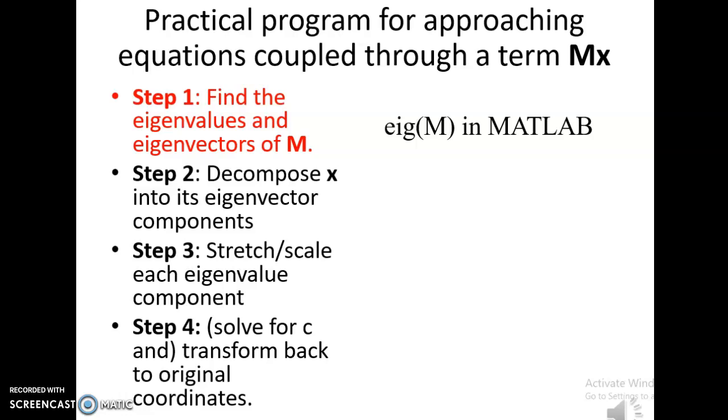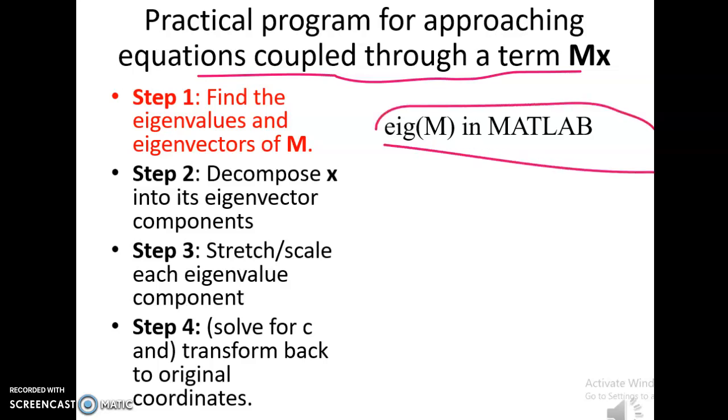Practical program for approaching equations coupled through a term Mx, with eig in MATLAB.